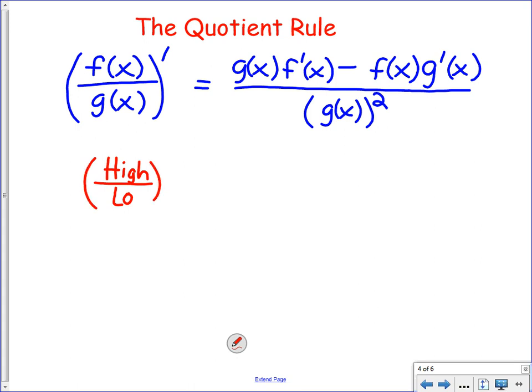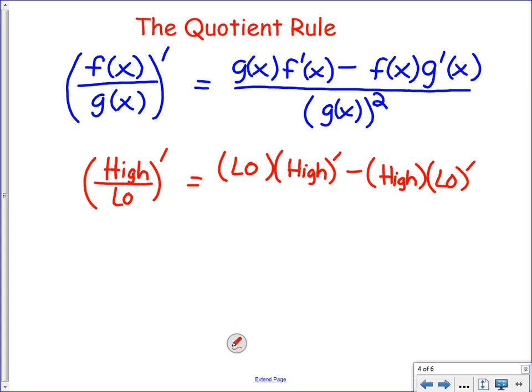All right, so to find that derivative, it works like this. It's low d high, so derivative of high, minus high d low, all over low squared.